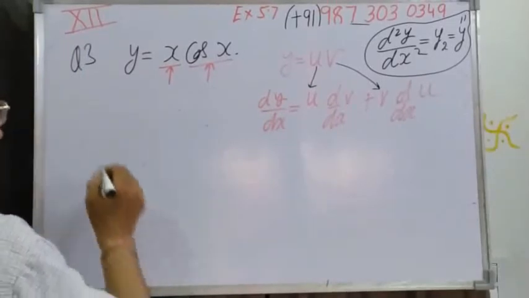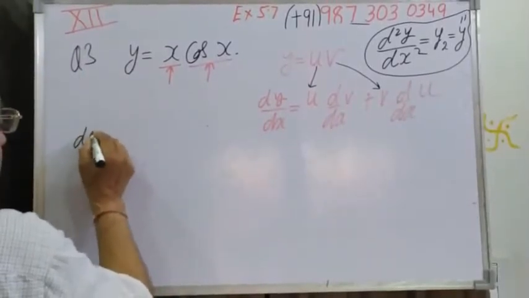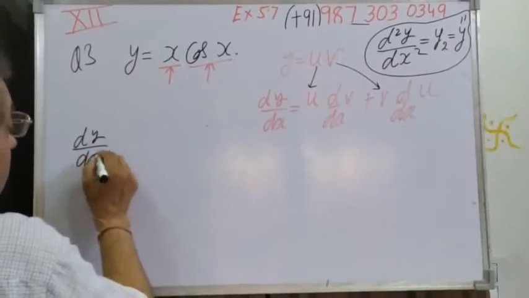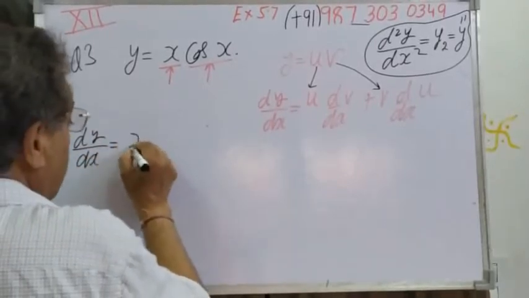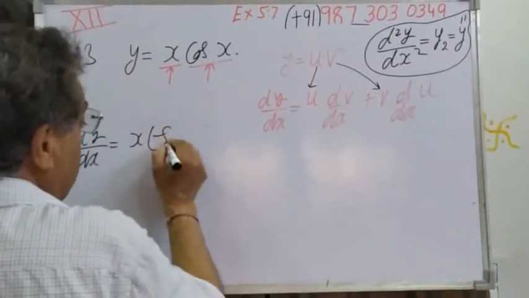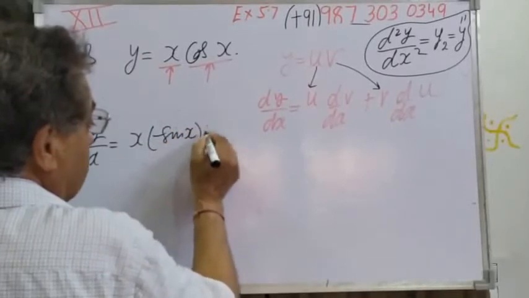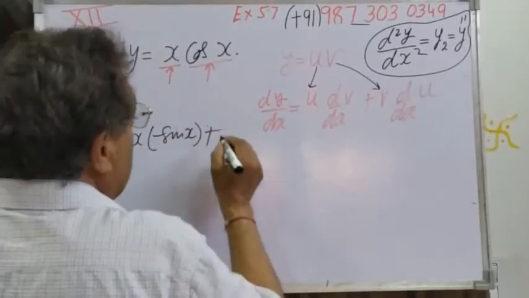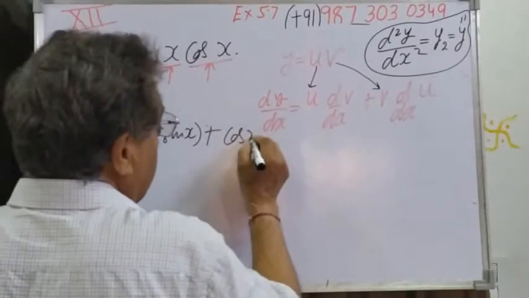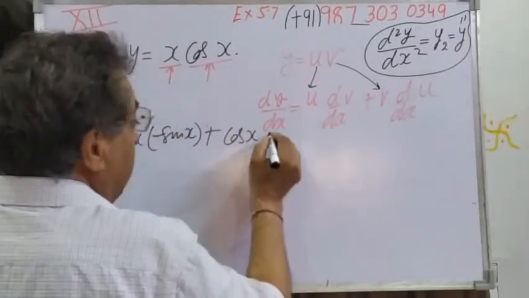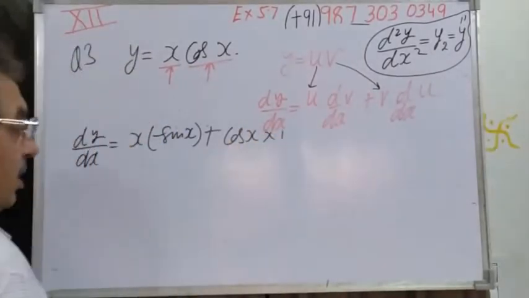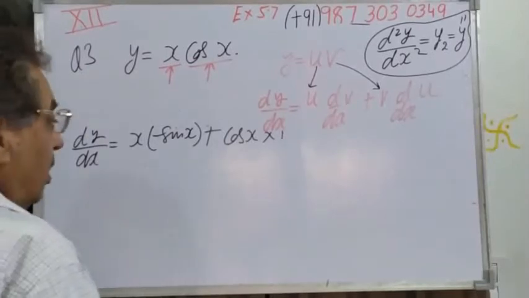Accordingly, dy upon dx gives us x into the derivative of cos x, which is minus sin x, plus cos x as it is into the derivative of x, which would be 1. This is the first differentiation.